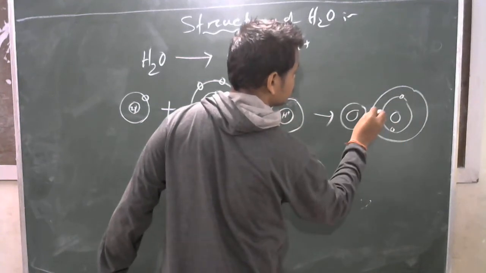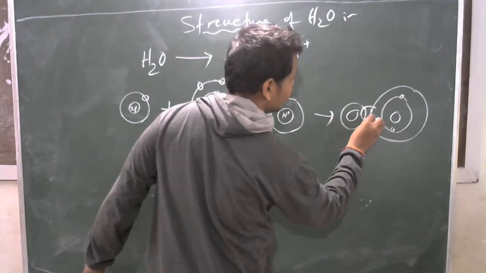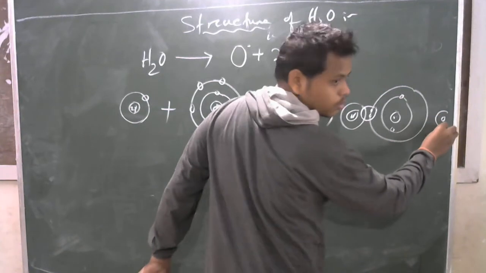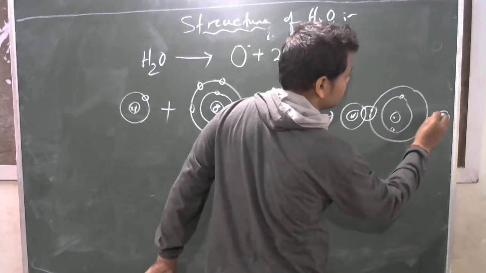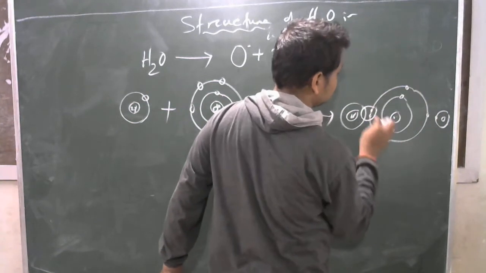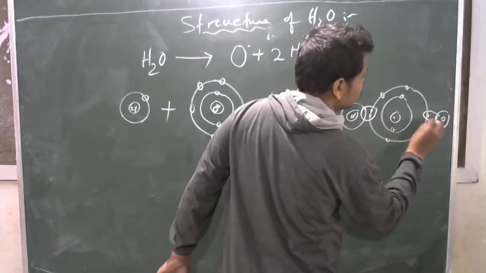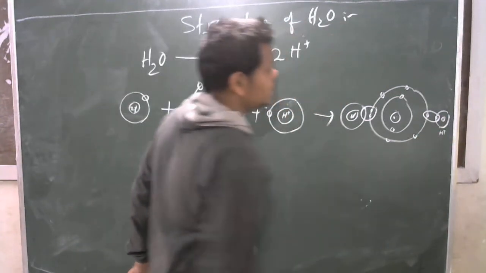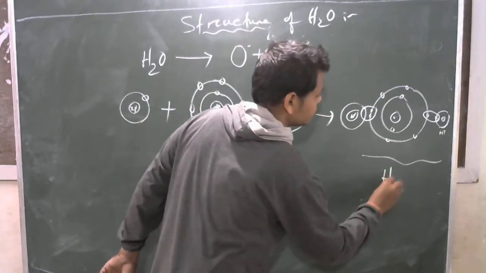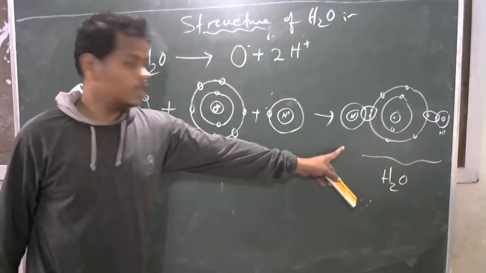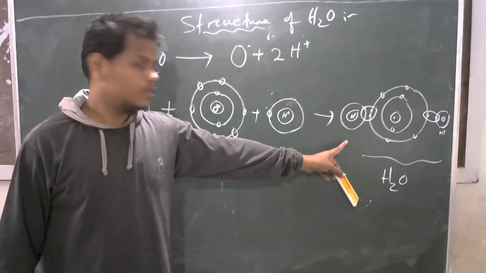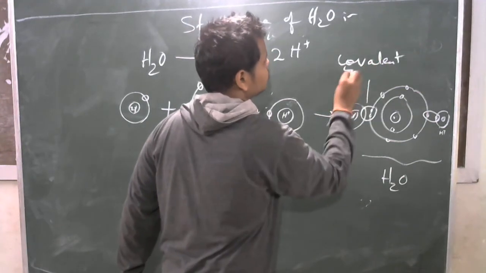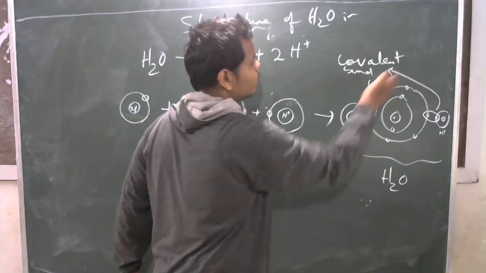Two electrons. This is the covalent bond found between one hydrogen atom and the oxygen atom, and here, 1, 2, 3, 4, 5, 6, another covalent bond is found. This is another hydrogen atom. So in this way a water molecule is formed. This is the covalent bond. Here it is also a covalent bond.